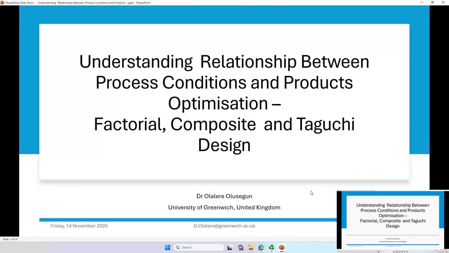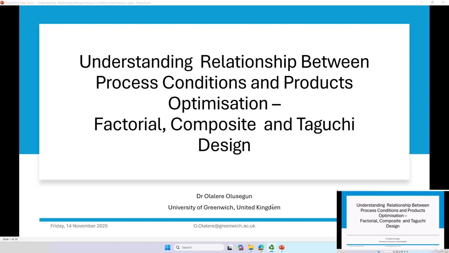Now, today we will start with understanding the relationship between process conditions and product optimization using Factorial, composite, and Taguchi design.